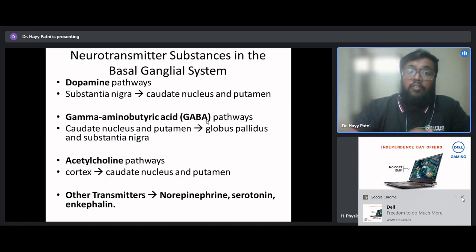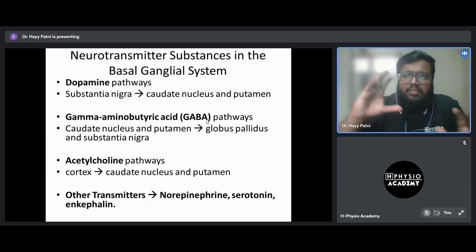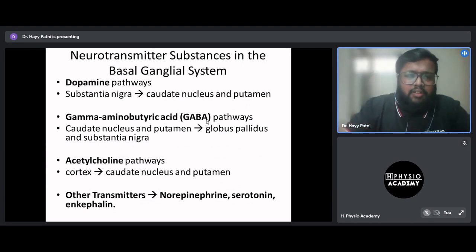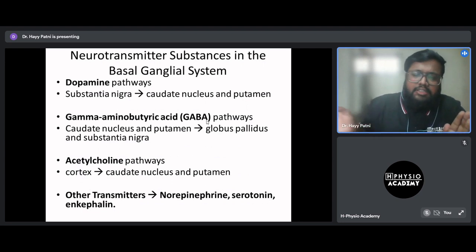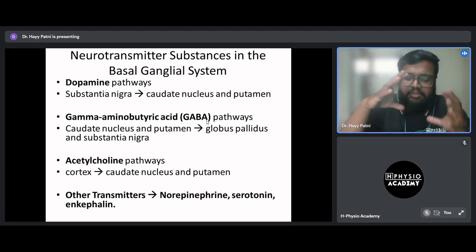Now almost all the complex connections, I believe, have been understood and cleared out. Now to understand the dopamine pathway: substantia nigra to caudate nucleus and putamen. All right. So for the dopamine path, there are different pathways throughout the complete basal ganglia circuitry.